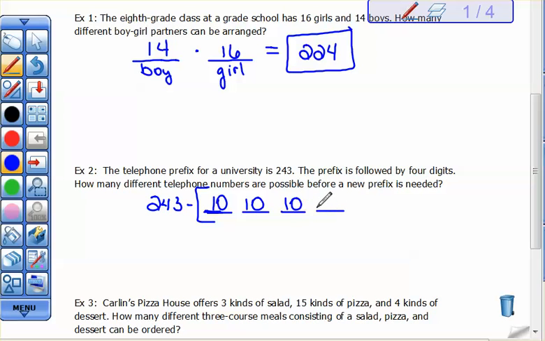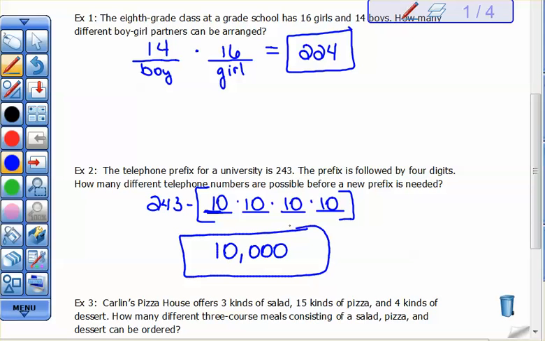And then for the fourth one, we could use 0 through 9, or 10 digits. So that would be 10 times 10 times 10 times 10, which would be 10,000. So there are actually 10,000 numbers available before we have to choose a different prefix, so that we had unique numbers.